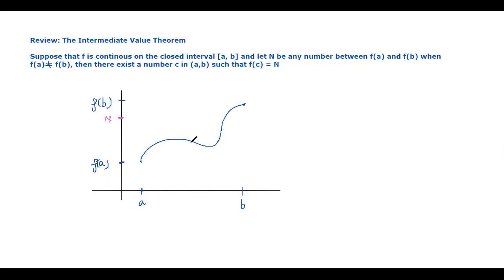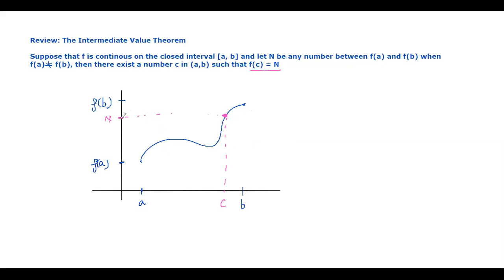Because this is continuous, for any number n here, you'll be able to find a value c inside this interval that gives you f of c equal to n. That's kind of trivial, right?